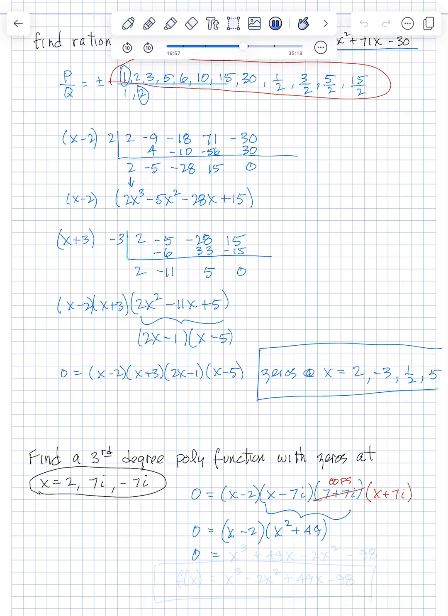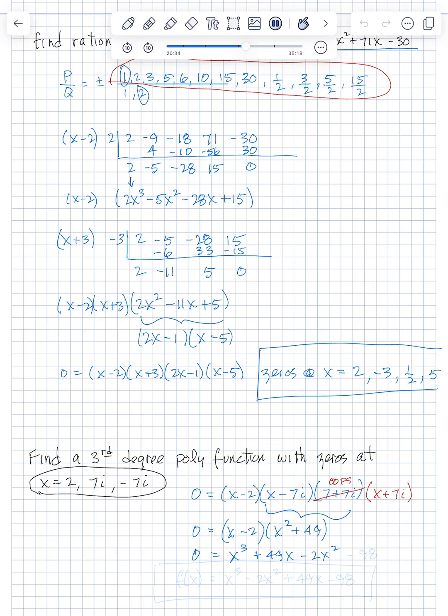0 equals, so let's do the first, x times x squared, x cubed. FOIL stands for first, outside, inside, and last, so we'll do outside. X times 49 is a 49x. Inside, minus 2 times x squared is a minus 2x squared.